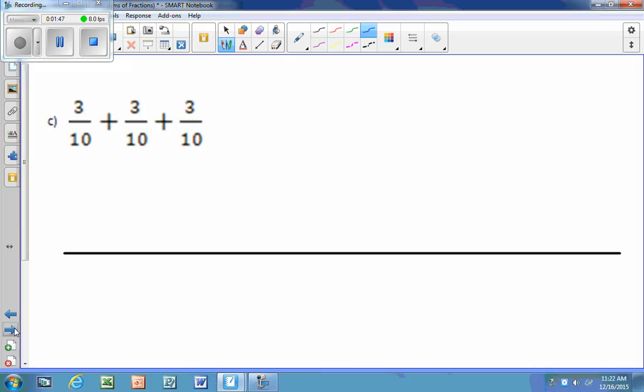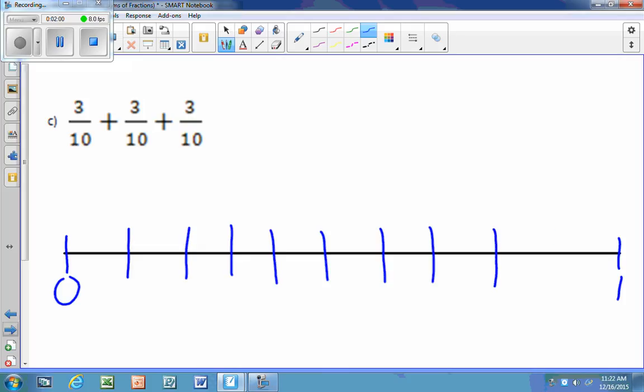Next is 3/10 plus 3/10 plus 3/10. So I'm taking a number line, and I'm going to split it from 0 to 1 again. And now I'm going to split it into tenths, which is 10 spaces but 9 lines.